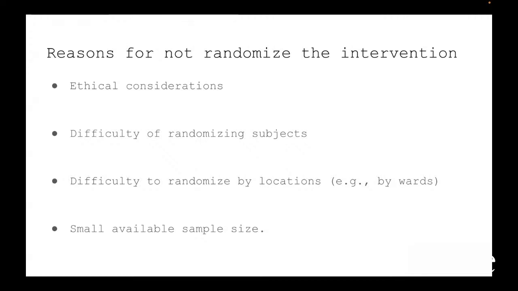If we randomize to certain wards, patients may move to another ward and end up in the wrong allocation. Also, we can have a small available sample size, which makes it difficult to randomize patients into intervention and control groups.